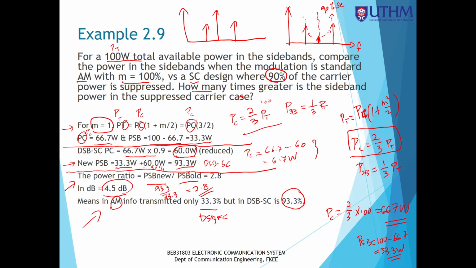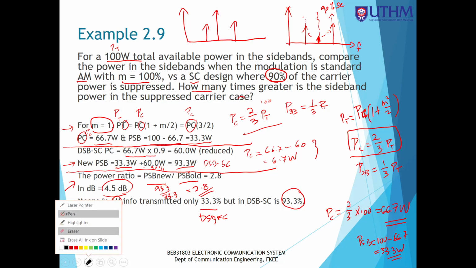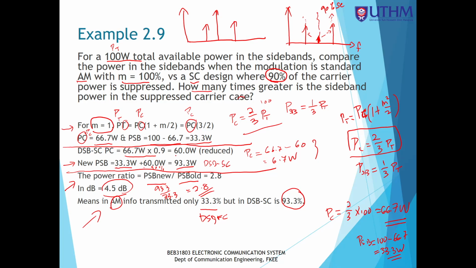That means 90% multiplied by 66.7 watt, which is equal to 60. So 60 watt has been suppressed. This 60 watt is the suppression. We suppressed 60 watt, or you can say that we remove 60 watt.